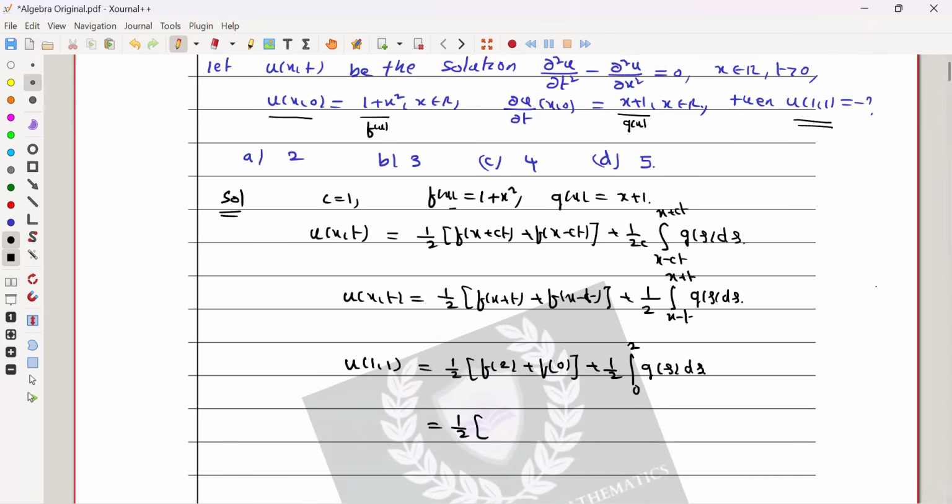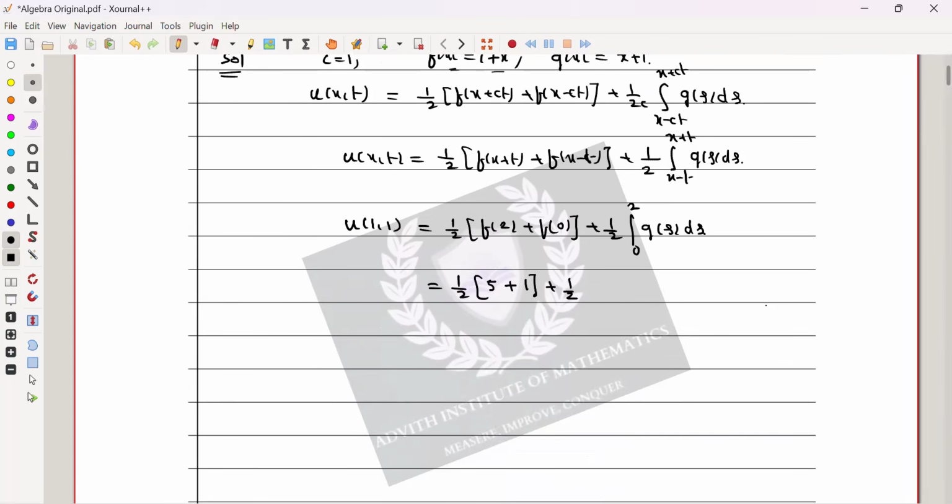What is f? Substitute x equals 2, then you will get 4 plus 1, which is 5. Plus f(0) is equal to 1, plus 1/2 into the integration from 0 to 2 of (s + 1) ds.